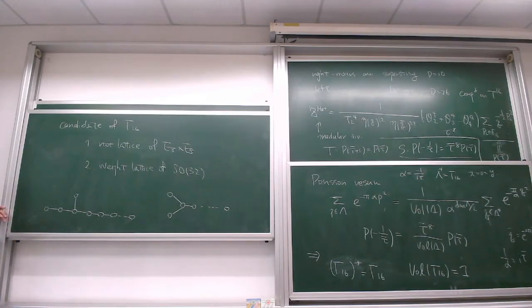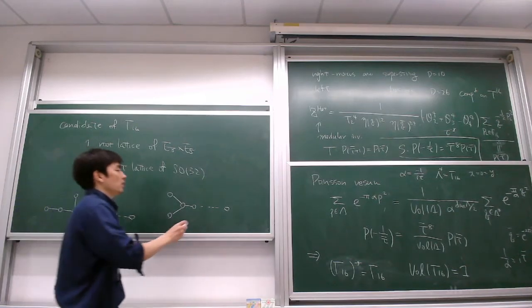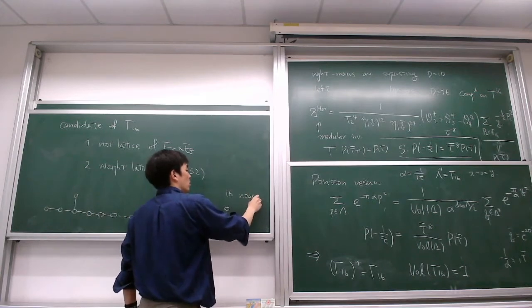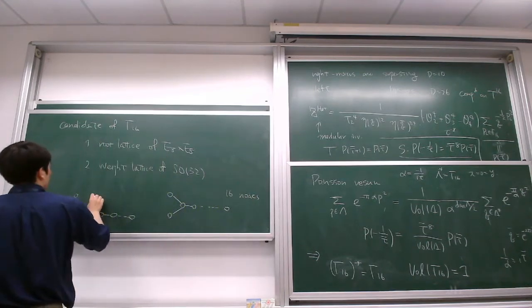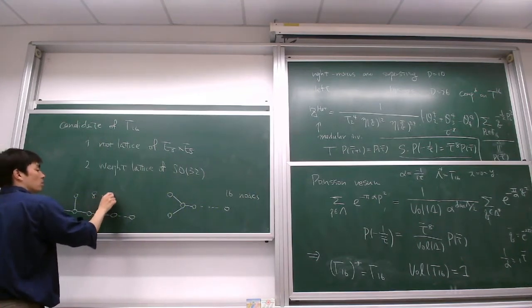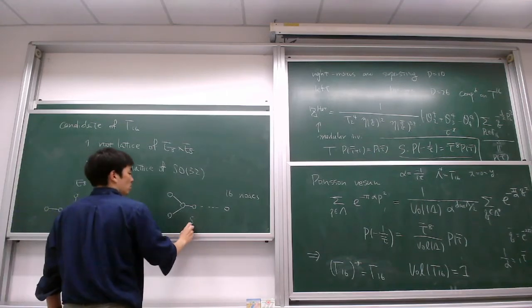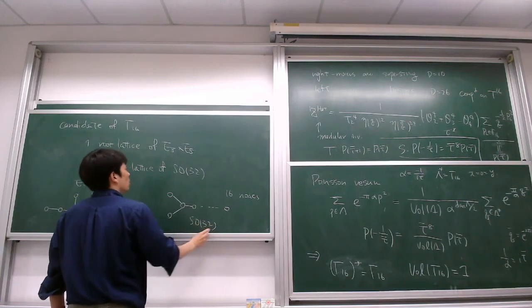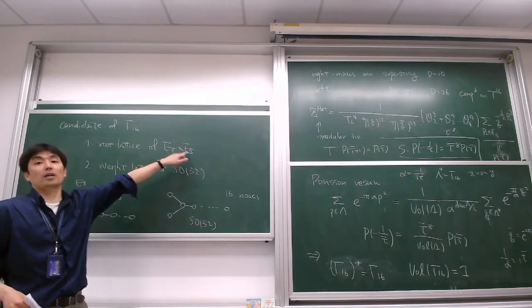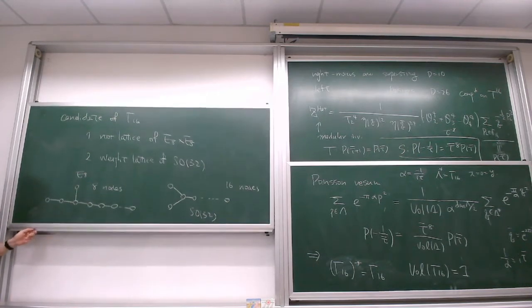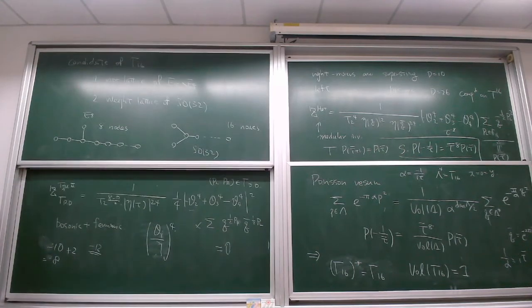Let's see, 1, 2, 3, 4. So in total 16 nodes again. You have 8 nodes for E8, but since we have 2 copies of E8, in total you have 16 nodes.